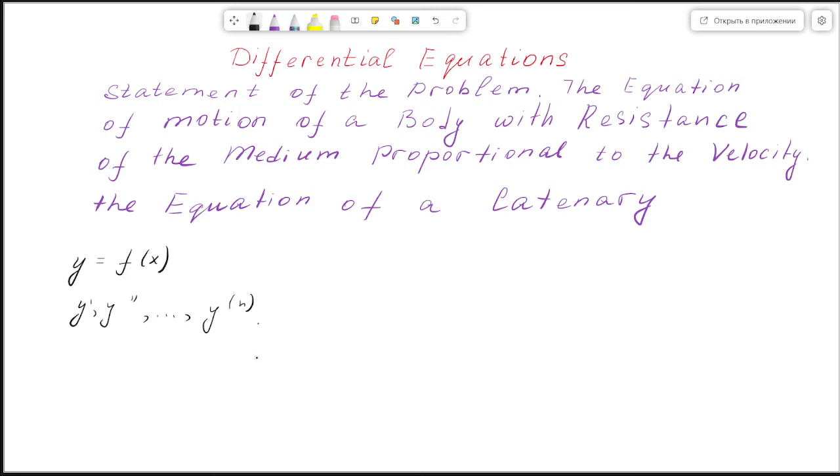That is, to find y is f of x, or as we say, to integrate the differential equation. Let us consider two examples.